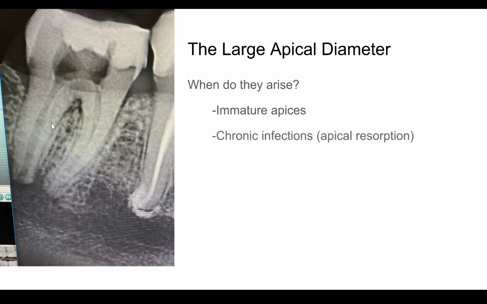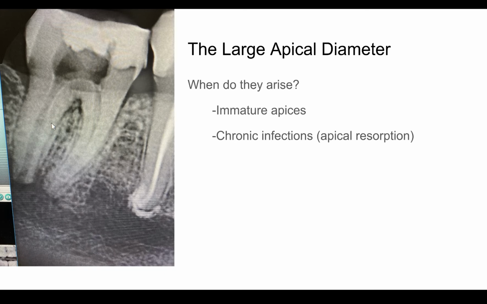arose. Also, we tend to see these with chronic apical infections. Because a root is conical shaped, so is the canal. As we get resorption of the apical diameter, resorption occurs when we have chronic infections, thereby chronic inflammation. That inflammation eats away at the root surface. That's a form of resorption.